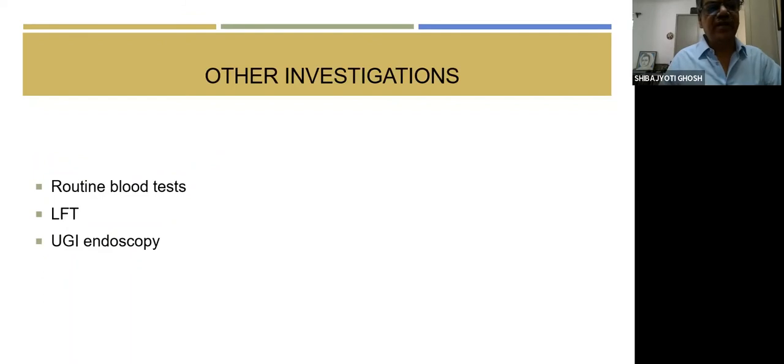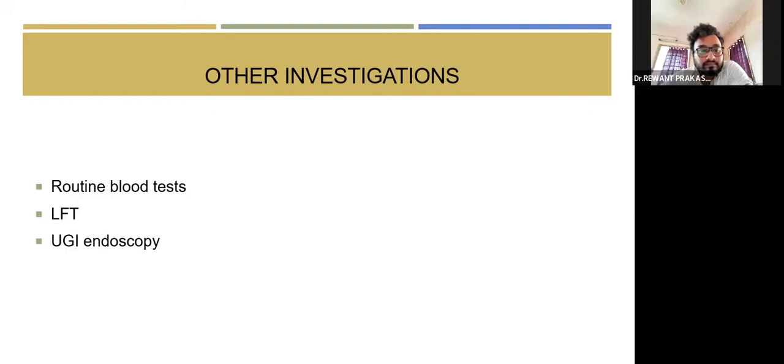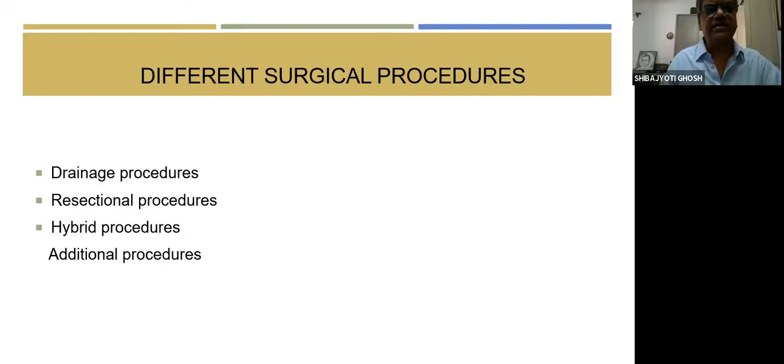Other than routine blood tests, LFT is important to exclude any biliary or impending biliary obstruction, and upper GI endoscopy can be undertaken in a patient with a long history of chronic pancreatitis to exclude any form of portal hypertension. That should be taken care of before we plan surgery for chronic pancreatitis.